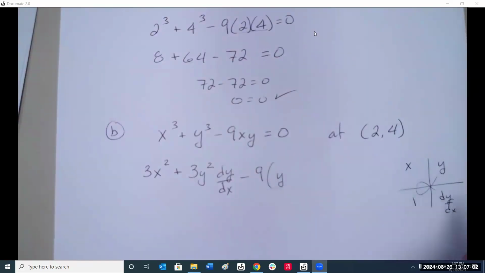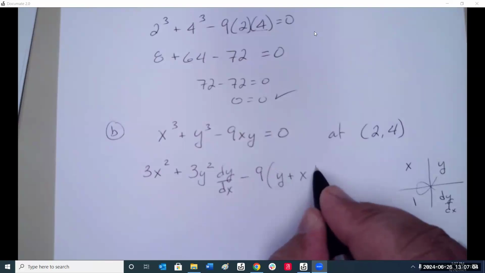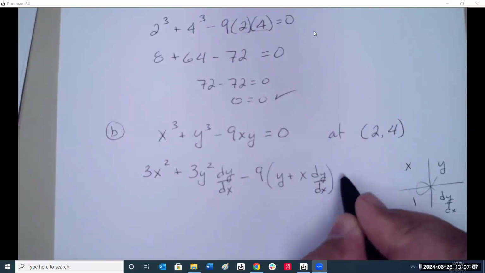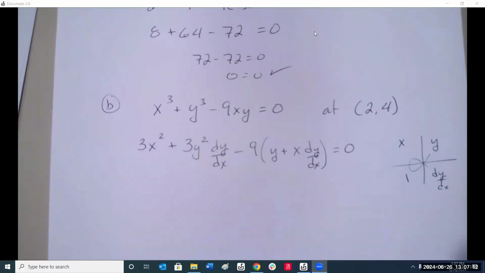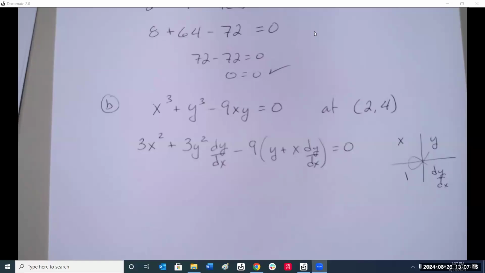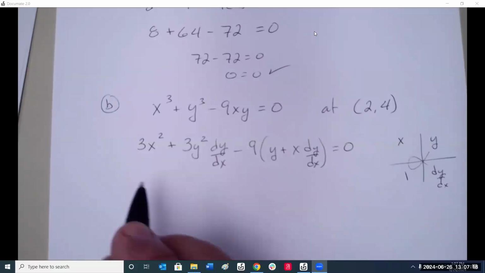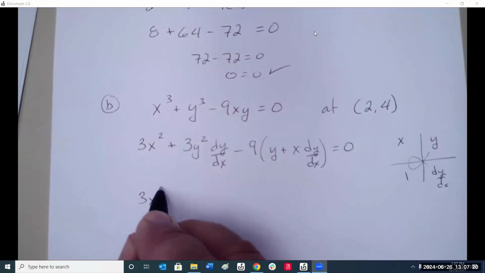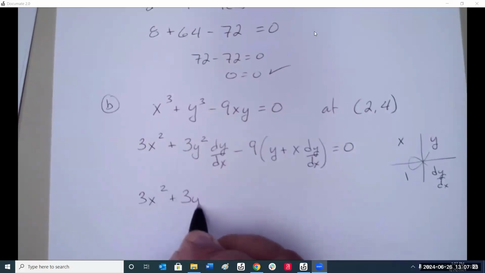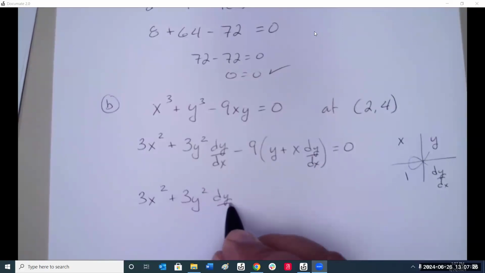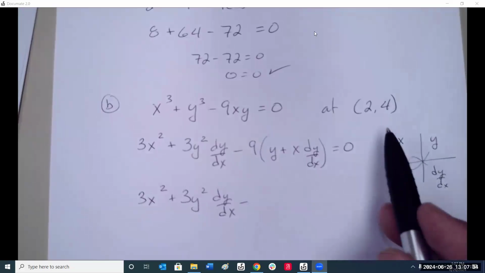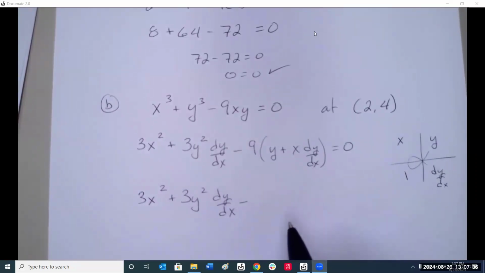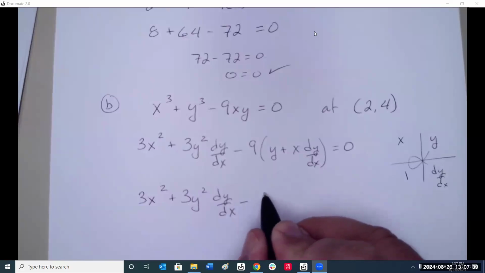So it's going to be y plus x dy dx equals 0. Get rid of the parentheses. Actually, to be honest with you, we just plug in 2 and 4 inside there and solve for dy dx. But that's another story.